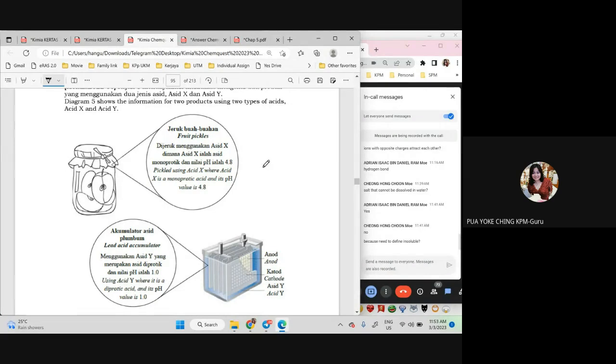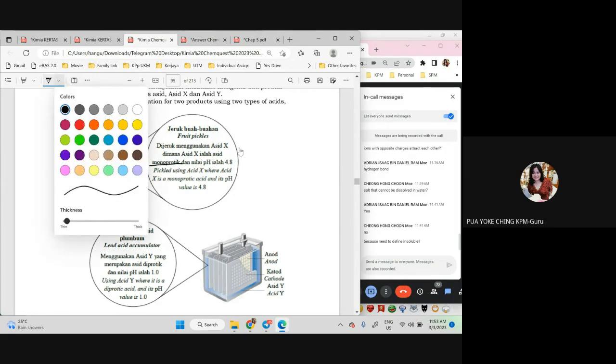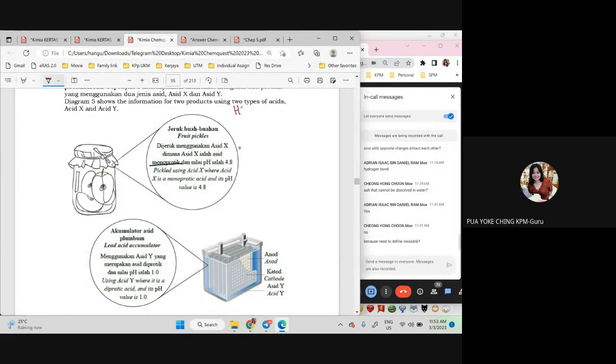Jeruk buah-buahan, you ada acid X. Acid X adalah acid monoprotic. Okay. Kena ingat, in our syllabus, acid that you learn is HCl, HNO3, H2SO4, H3PO4, and then is your HCOOH, and then is your CH3COOH.